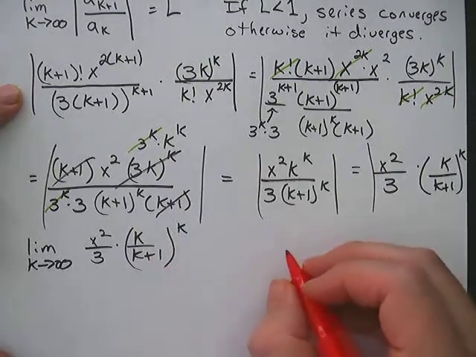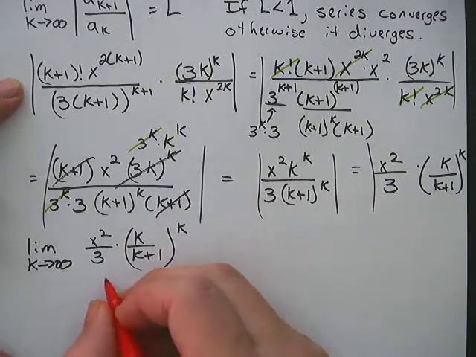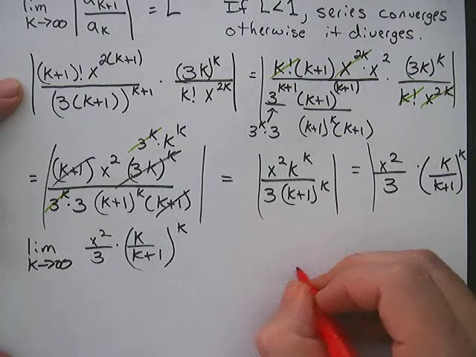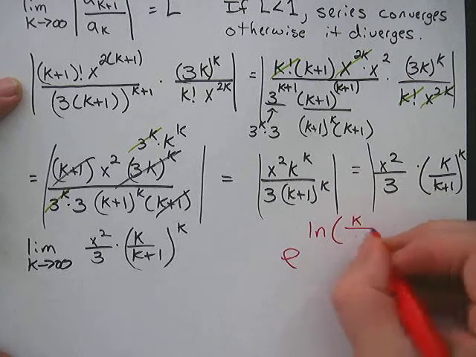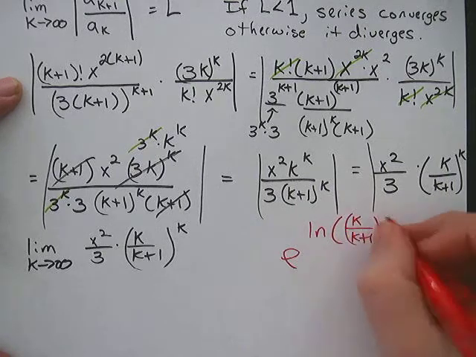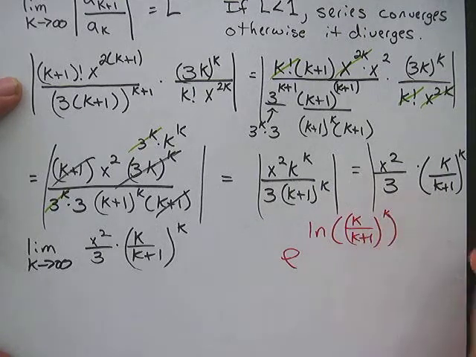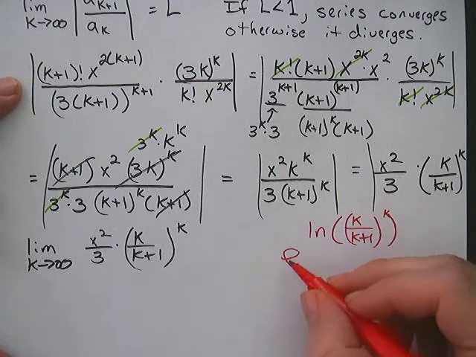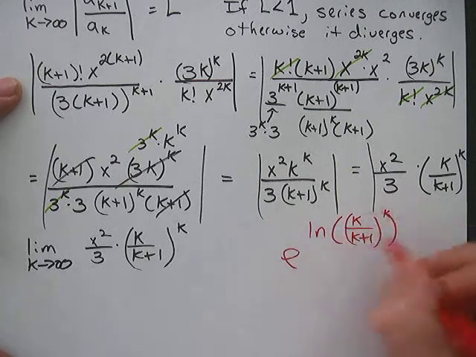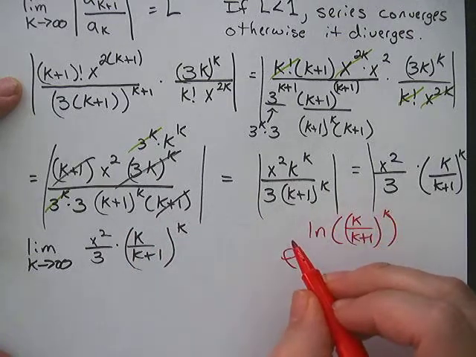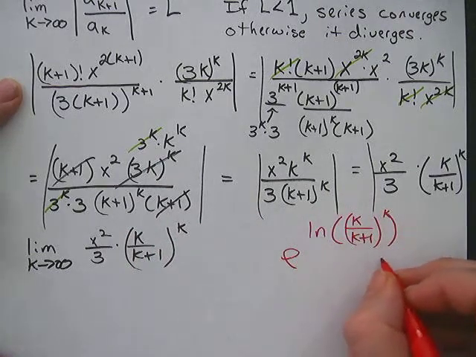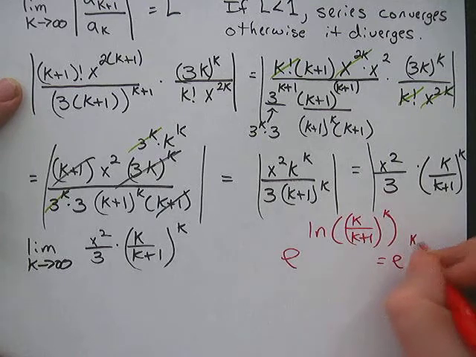When you raise that to the e to the ln of k over k plus 1 to the k power, the reason I'm going to do that is because e to the ln, they cancel each other out. So the inside's the same as this, right? But this allows us to bring our exponent down. Okay, so that would be equal to e to the k ln of k over k plus 1.